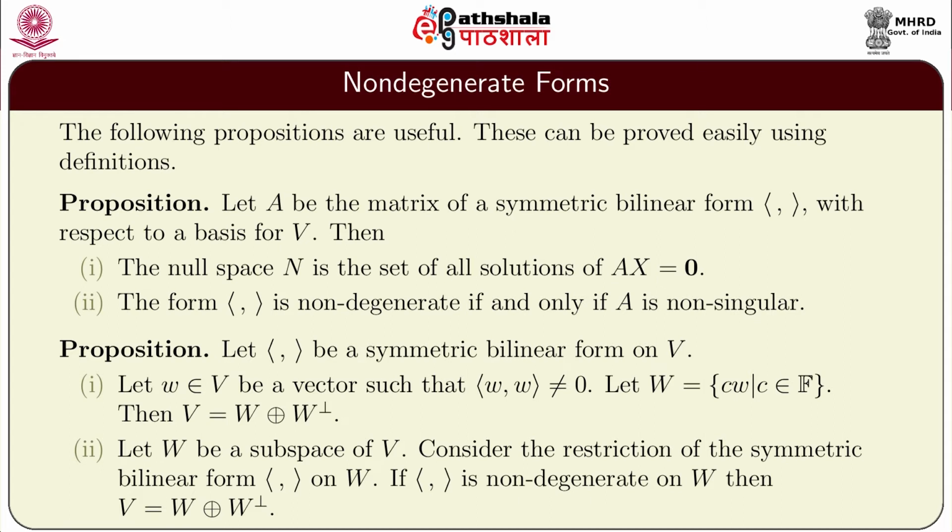And the second proposition says that if we have a symmetric bilinear form on V, if w is a vector such that inner product w comma w is not 0, and if we take capital W to be the span of the vector w, then V can be written as the direct sum decomposition W direct sum W perp.